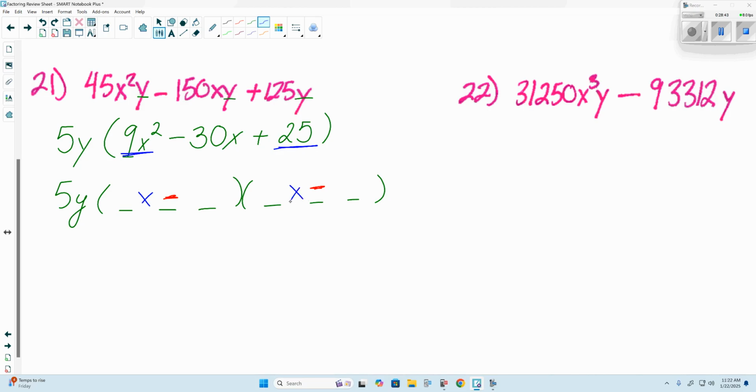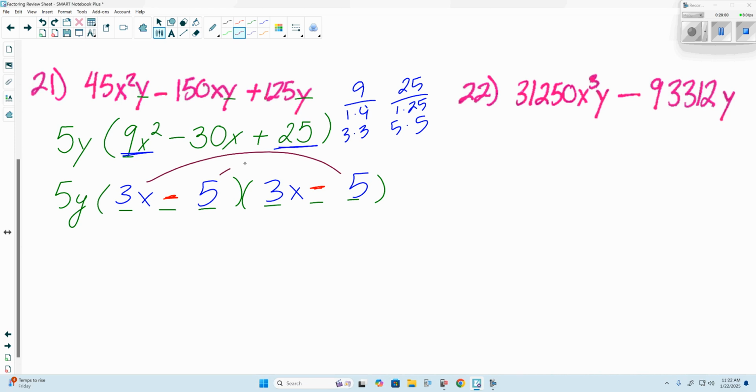So 3x. 5 and 5, because 9 is 1 and 9, 3 and 3, 25 is 1 and 25, 5 and 5. And we can check this here and make sure. 3x times negative 5 is negative 15x. Negative 5 times 3x is negative 15x.